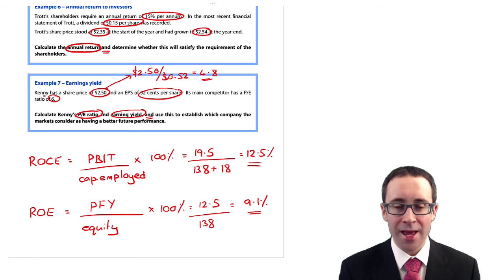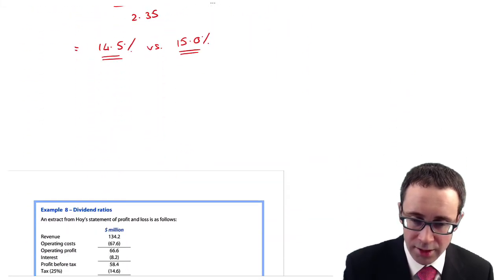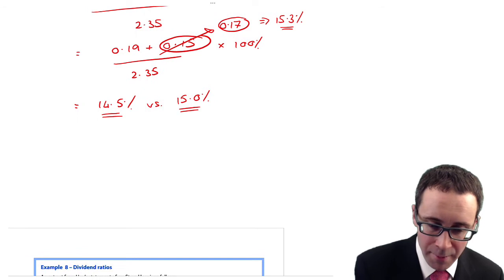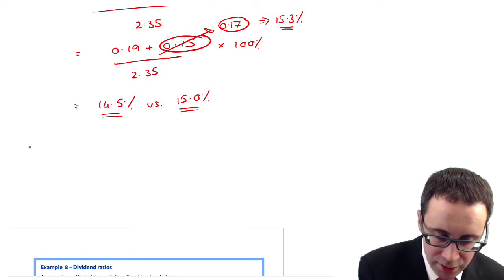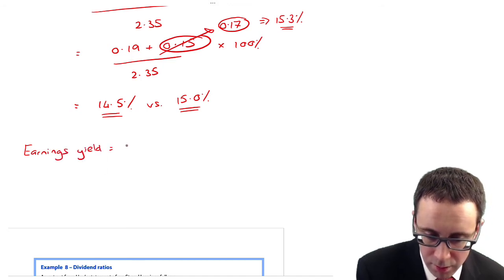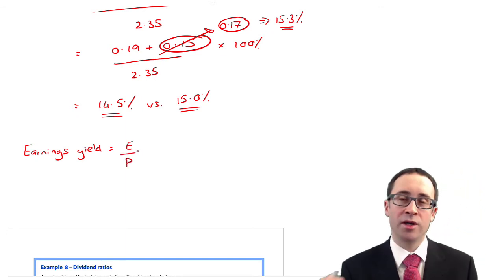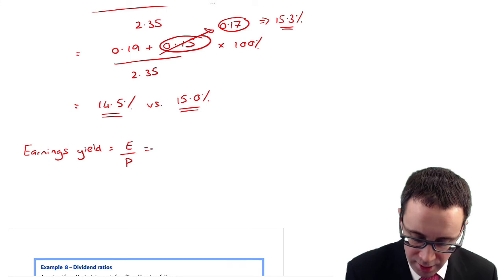Okay, excellent. To go through there and work out your earnings yield. Your earnings yield, now anything to do with yields is always thinking about prices, isn't it? So your earnings yield is just your earnings divided by your price, or your earnings per share divided by your price per share.